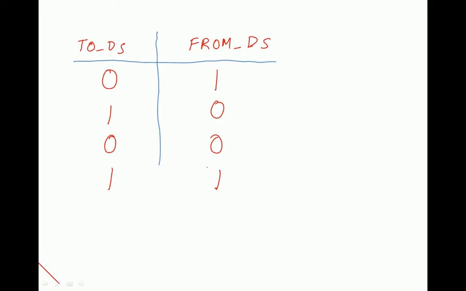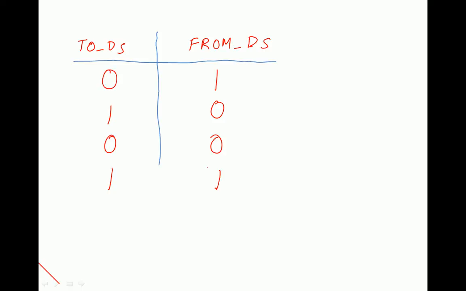So in case of control and management frames, where the frames don't really have a destination, all they do is go from the access point to the client and from the client to the access point. So for those particular control and management frames, the To DS and the From DS fields are going to be 0 and 0.